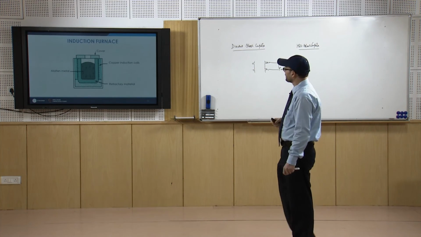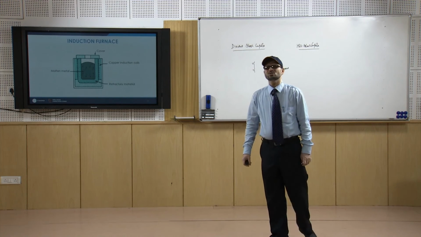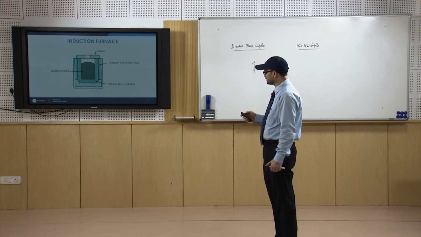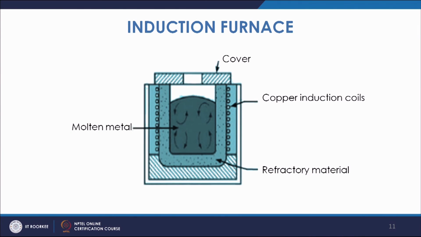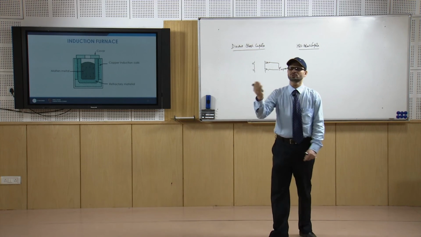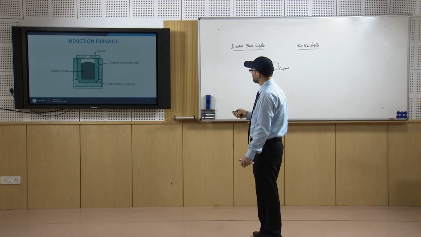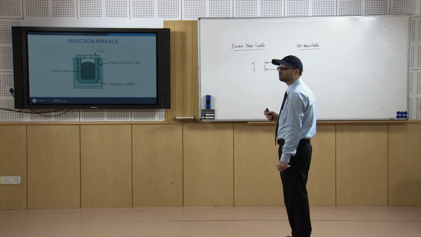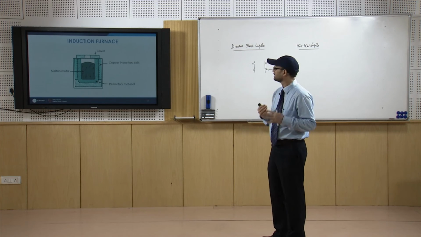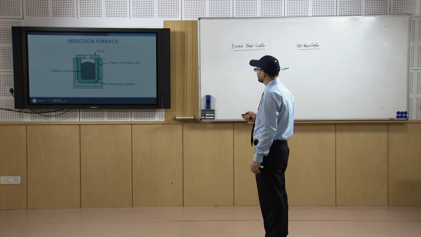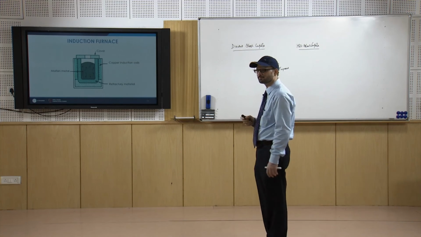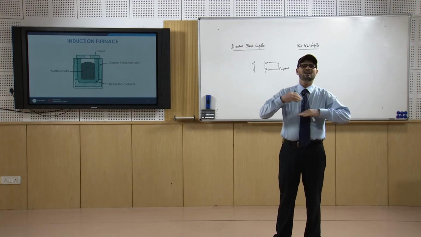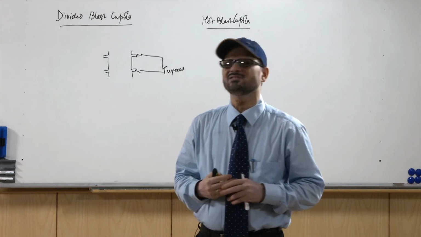Then comes the induction furnace. Here there is an induction effect. You have the primary coils, these copper induction coils, wound around the reservoir, and once electricity is passed, because of the induction effects, eddy current is generated in the charged material, and because of this eddy current a large amount of heat is generated.